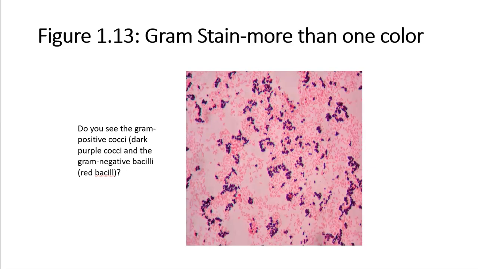So we'll go into the gram stain in another lab, but here you can see the gram-positive cocci, these dark purple cocci, okay? And gram-negative bacilli. You see that guy? All right. So do you see that? And that's what a gram stain allows us to do.